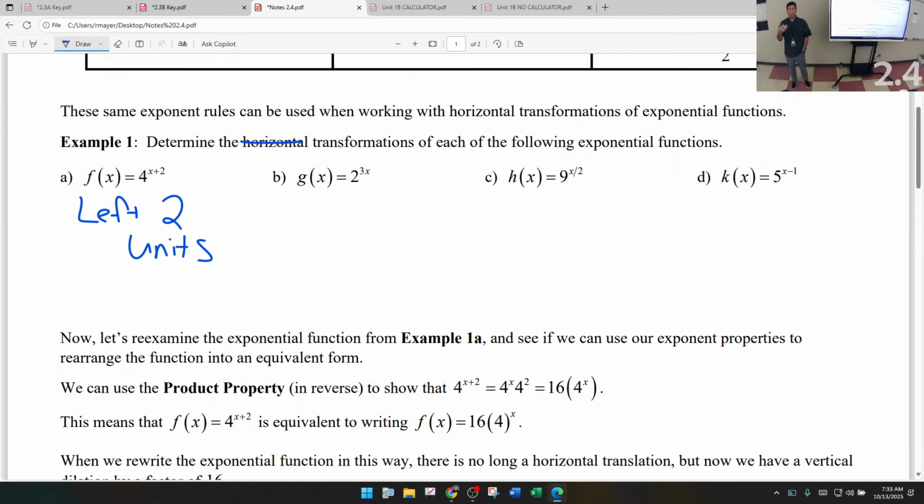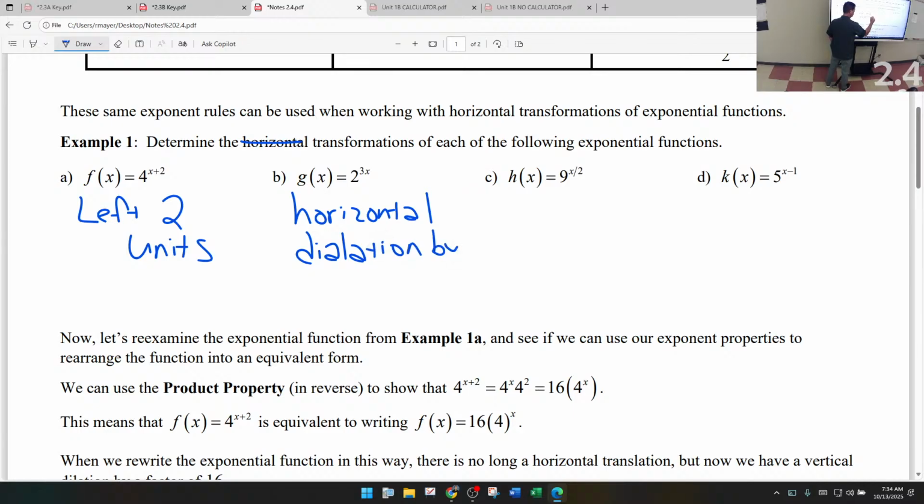So it's a horizontal dilation by 1/3. Always opposite of what you think when it's with the x.